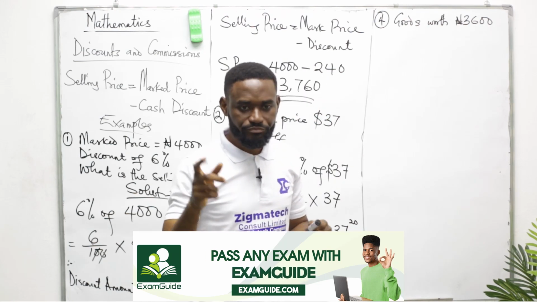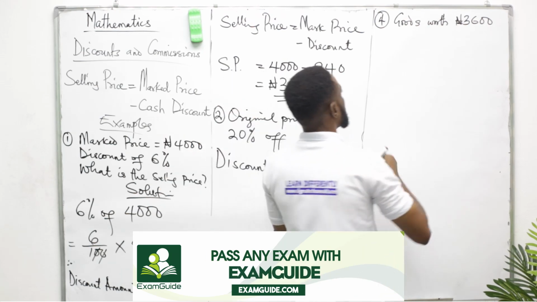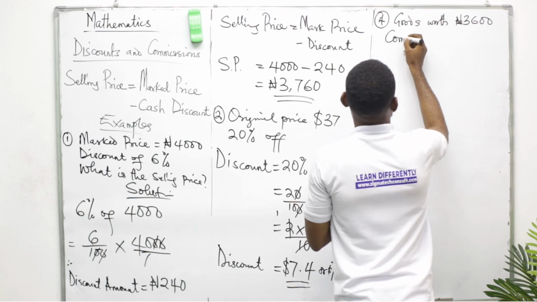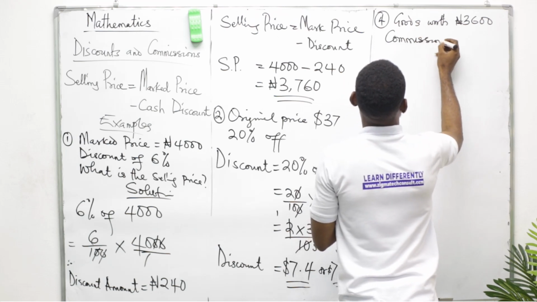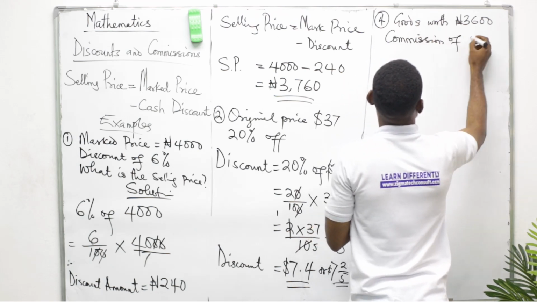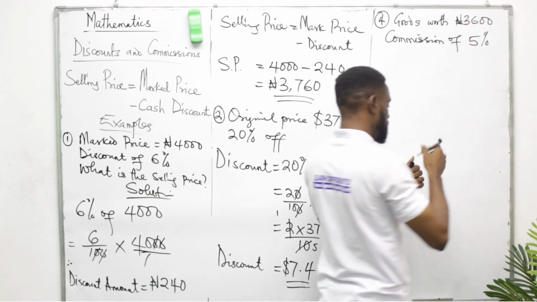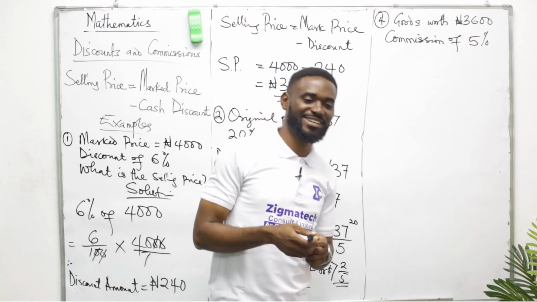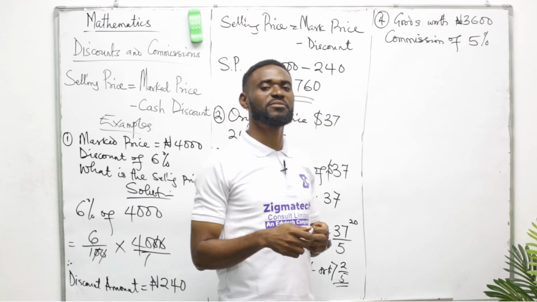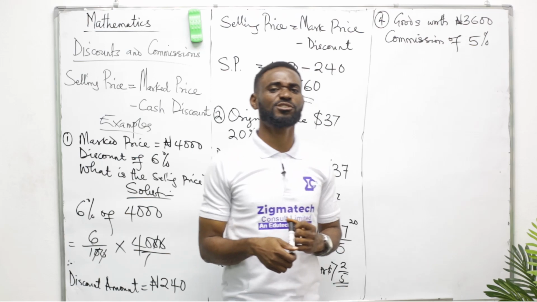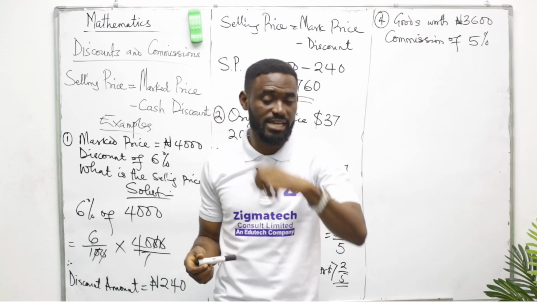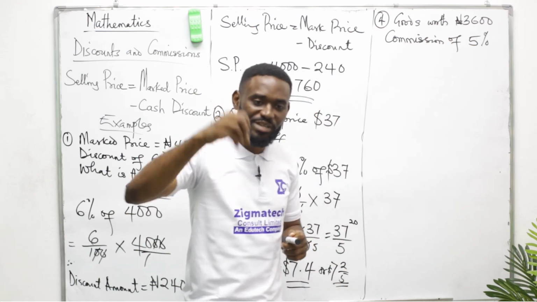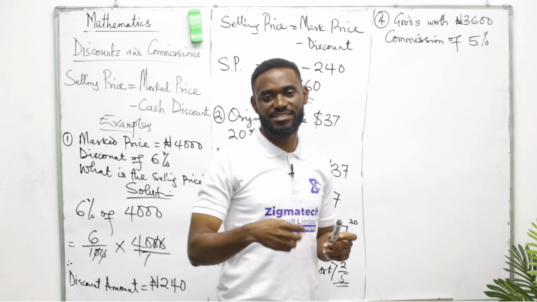And a commission of 5%. So the question is, how much was his commission in this transaction? Don't go and tell me 5% is his commission. 5% is just an idea of the commission you should find, okay? The commission must be in naira. What is it in naira?